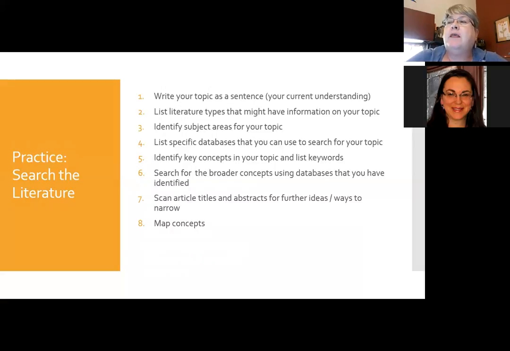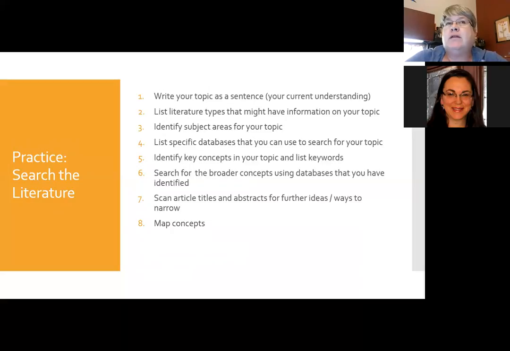Take a look at your topic and identify your key concepts. What are the main concepts in your topic? And then come up with the keywords. Think like a thesaurus. What different ways can you say that?